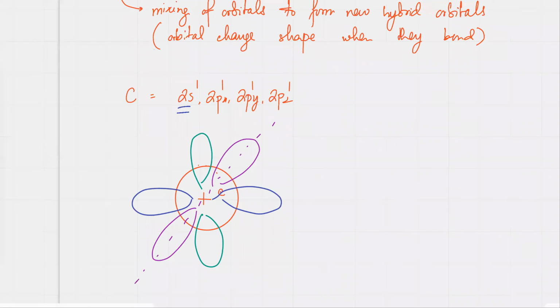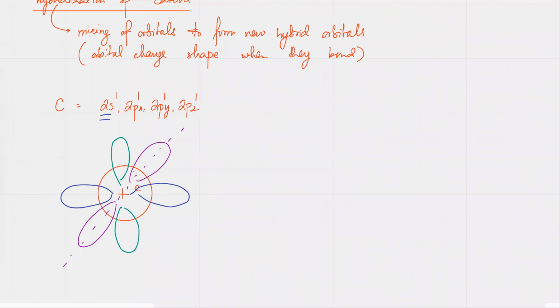What happens when carbon bonds? Now remember, carbon has 4 electrons. Here are 4 hydrogens that are coming, and each one of the hydrogens needs an electron. There are 4 electrons buzzing around carbon, each occupying a very specific shape around the nucleus.